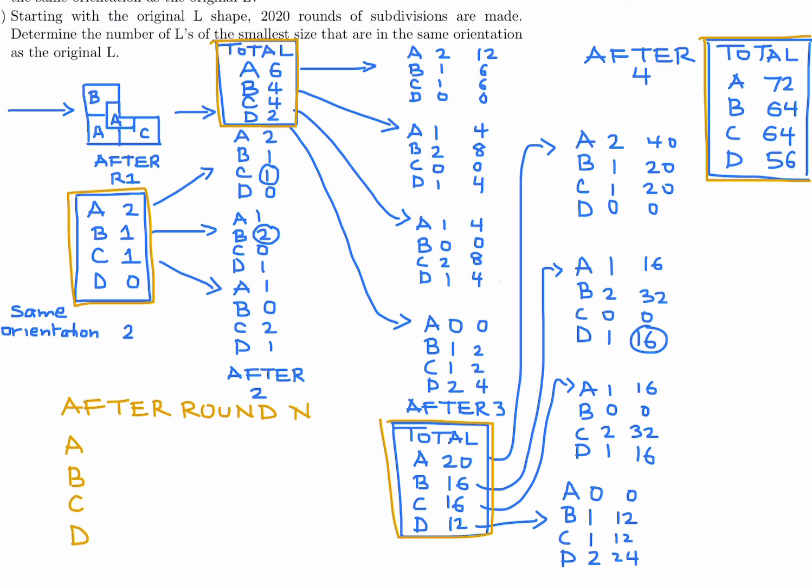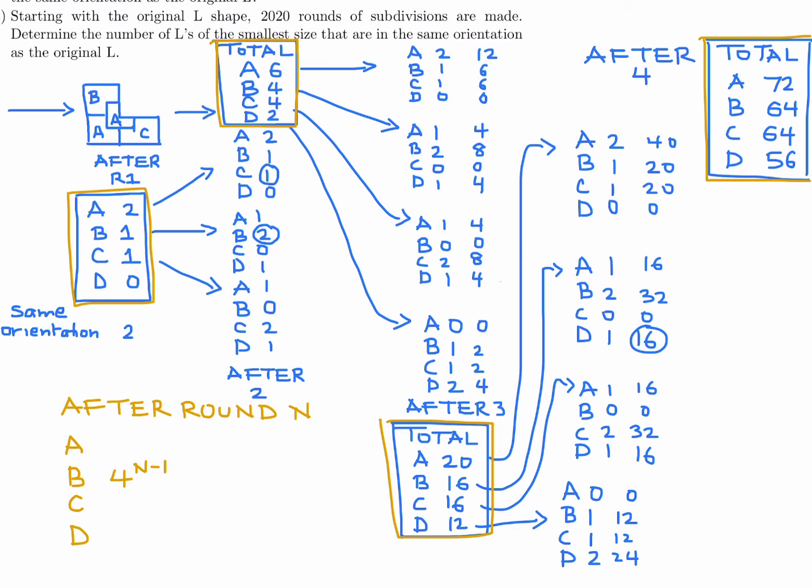Now I'm going to start by looking at just B and C, because B and C seem to be the same every time. And after I stared at this for a while, it looked to me that B looks like powers of 4. It's 1 here, it's 4 here, it's 16 here, it's 64 here. So I'm pretty confident that B is going to be 4 to the power of n minus 1.